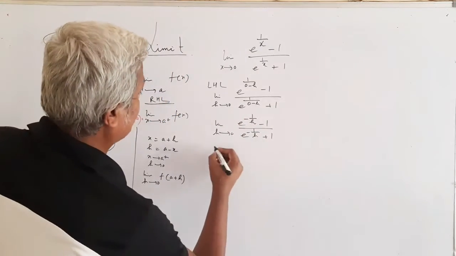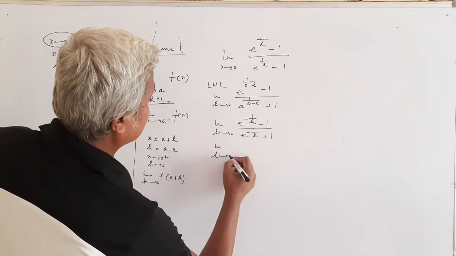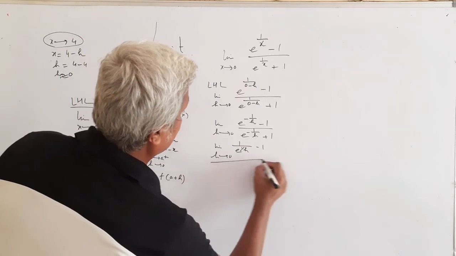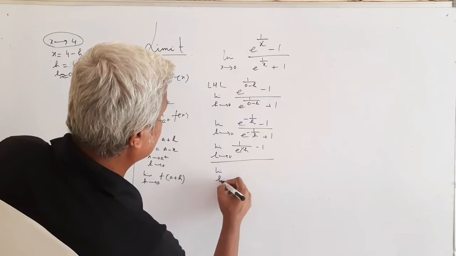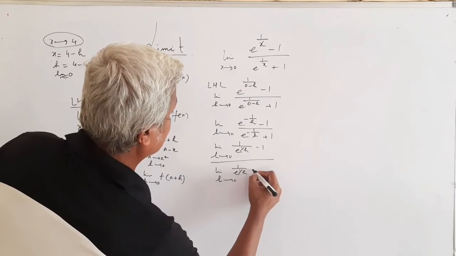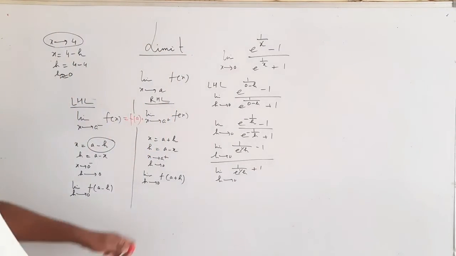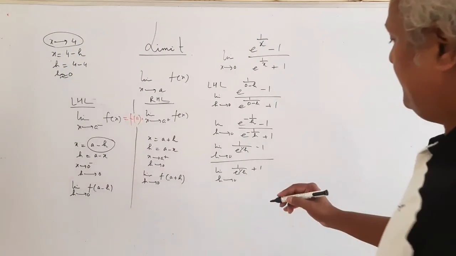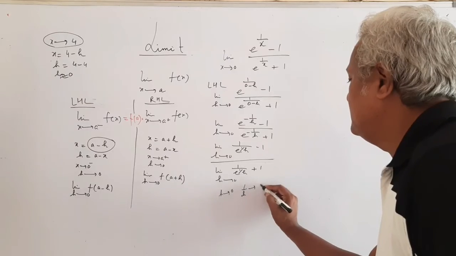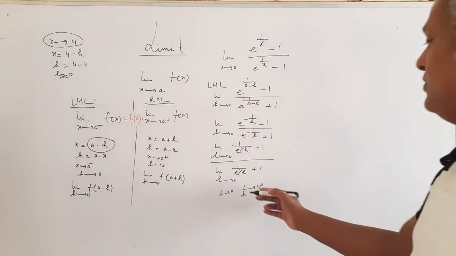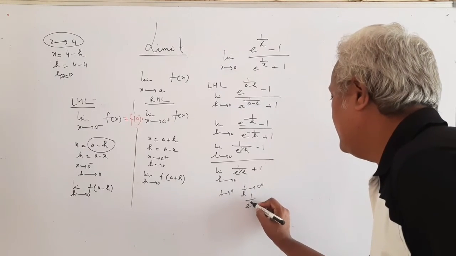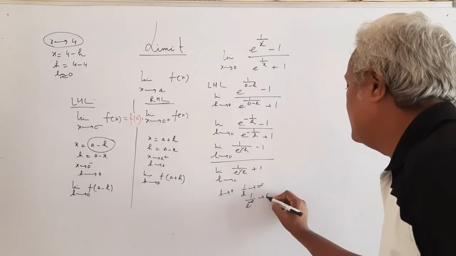Now I just try to reciprocate them. So limit h tends to 0, I write 1 over e to the power 1 by h minus 1 upon limit h tends to 0, 1 upon e to the power 1 by h plus 1. Now here you see that if h tends to 0, 1 by h tends to infinity, and then 1 upon e to the power infinity becomes 0.